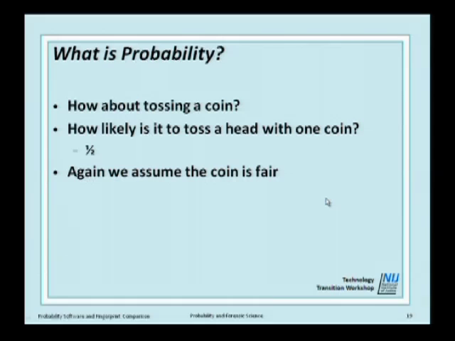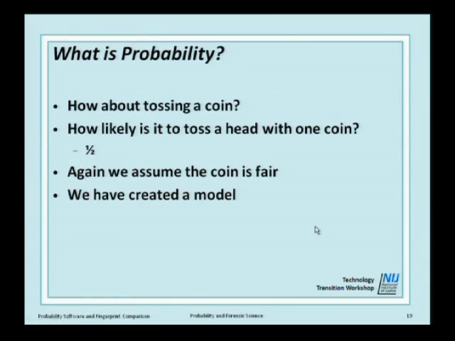Everyone understand what I mean by that? We've assumed that it actually does have a head and a tail. It doesn't have 2 heads. We've assumed that the head hasn't got a large lump of lead attached to it, so it also comes up tail first. Okay. And again, we've created a model because we've said, if it's a fair coin, this is what the likelihood is going to be based on the number of outcomes.